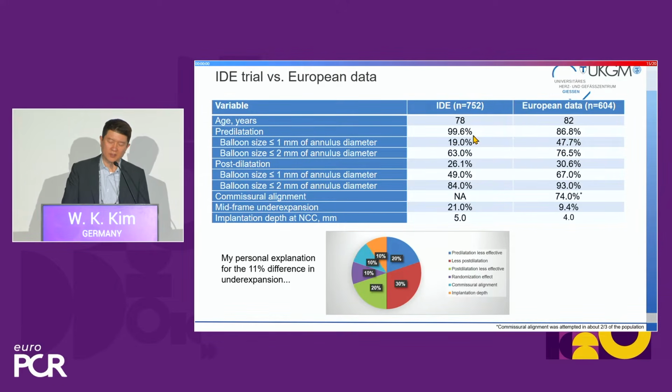Predilatation actually was not very much different, but if predilatation was performed, larger balloon sizes were used, and also the difference in terms of post-dilatation is not remarkable, but 5% is 5%. And what is very obvious is that balloon sizes were larger. So post-dilatation was performed in more patients and with larger balloon sizes. Commissural alignment could play a role.